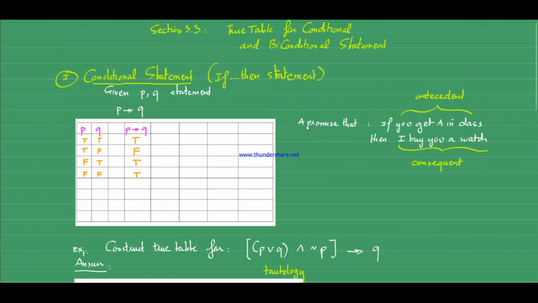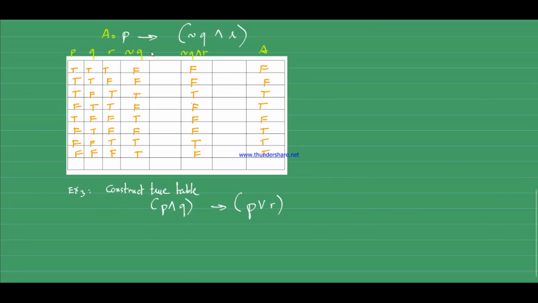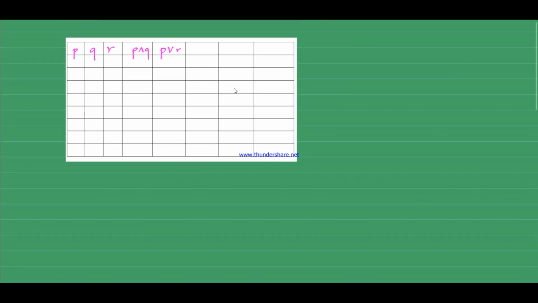So I will have P, Q, R. Then we have what? P intersect Q. Then P union R. Then finally we have that statement A. So I'm going to call this compound statement A right here.